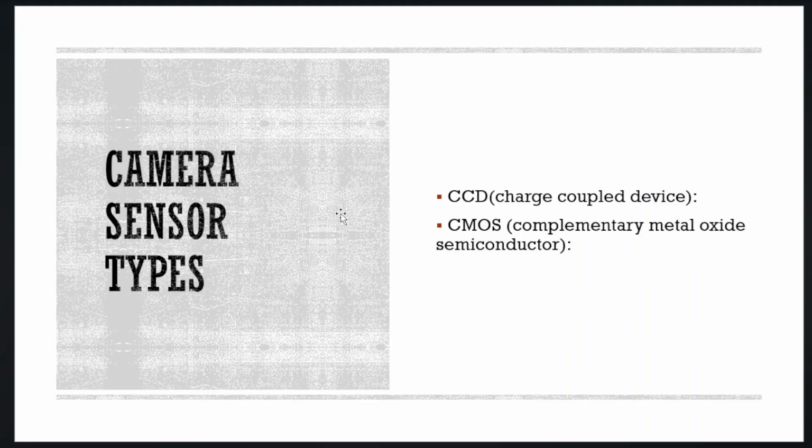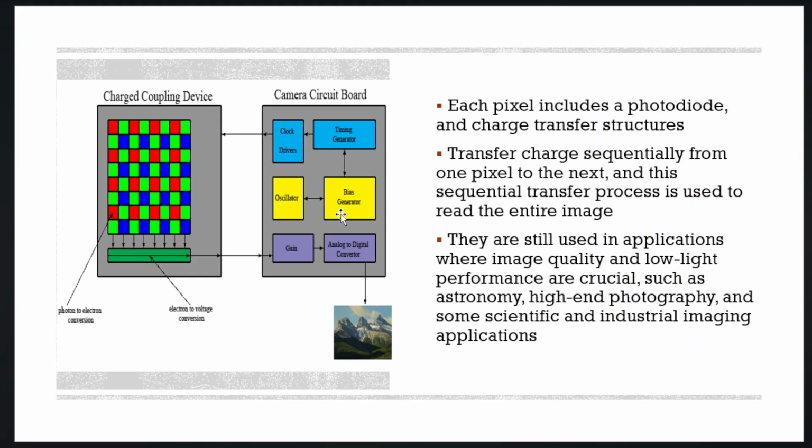They can be mainly divided into two types: CCD, or charge coupled device, and CMOS, complementary metal oxide semiconductor. CCD used to be popular before, but currently the world mostly works on CMOS, because of the advancement of digital electronics and the semiconductor industry.